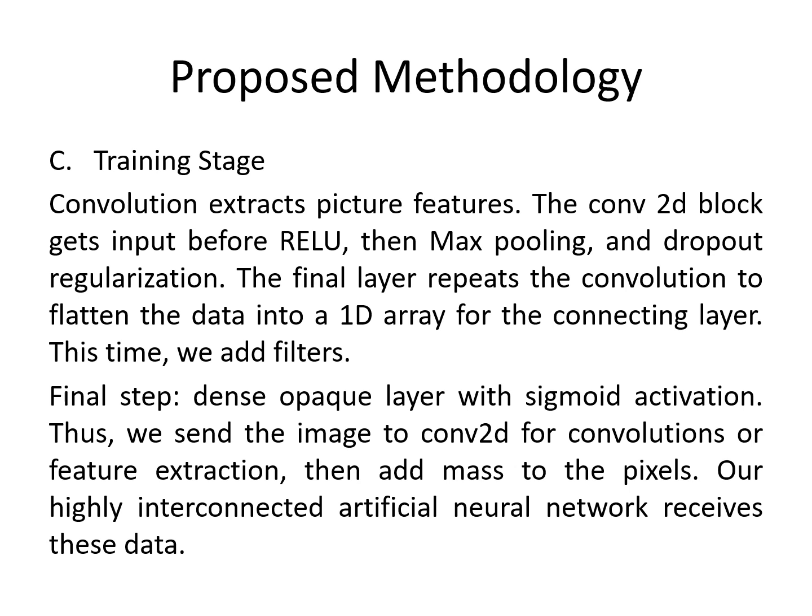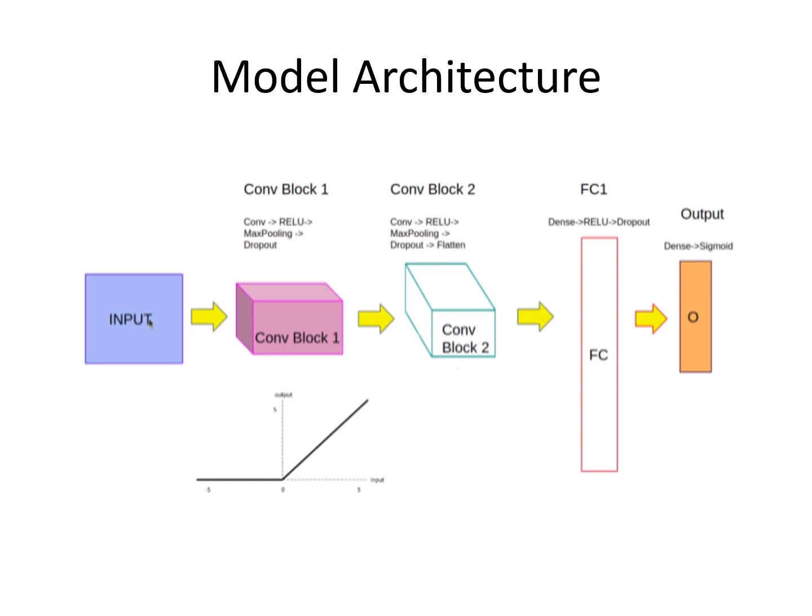The final stage is to apply a dense layer with sigmoid activation. As a result, we send the image to Conv2D for convolutions or feature extraction. These data are received by our highly interconnected artificial neural network. This is an illustration of the proposed model framework presented in the form of a figure.